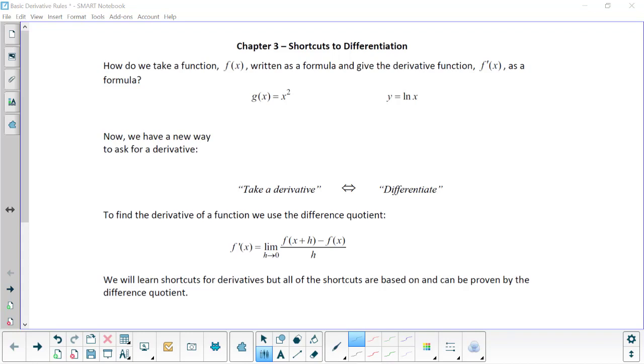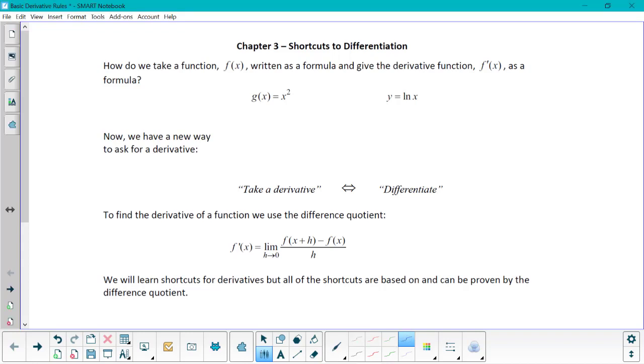We approximated derivatives, and in our approximation, we came up with what we think is the derivative function for two popular functions. So, for example, our basic x squared function, g of x is x squared, by approximating and plotting points, we determined that the derivative is 2x. So we said that that quadratic function has a linear derivative.